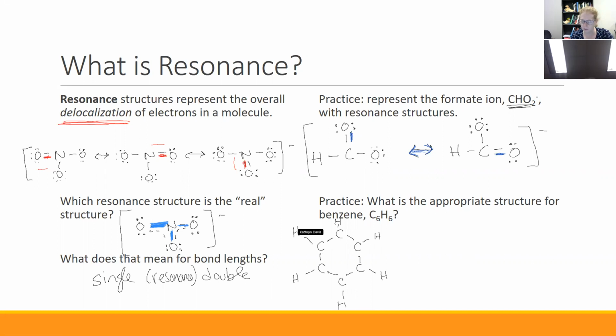And I'll tell you also that there are two equivalent structures. So C, C, and a couple more. Stop at this point, fill in the hydrogens that I left out, and then do a valence electron count and figure out how many double bonds these structures are missing and try to see where that takes you and where those resonance structures are. But I will tell you that there are two.